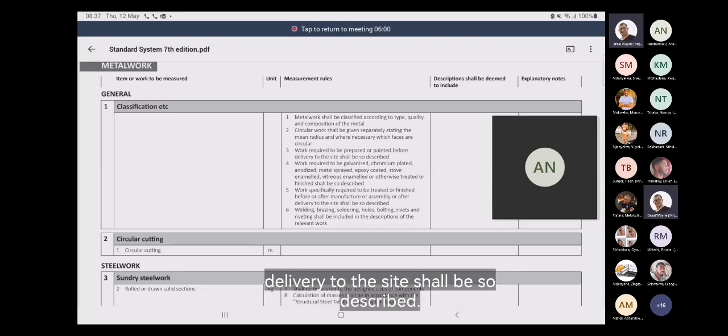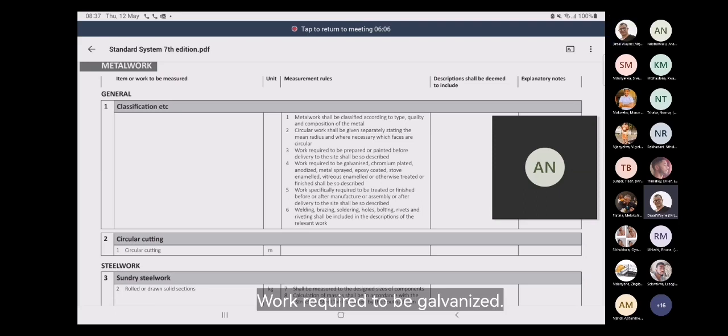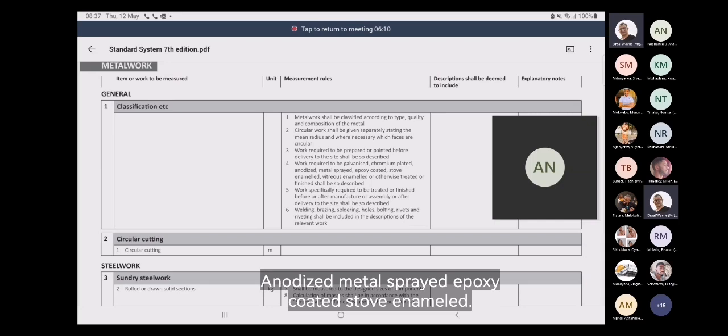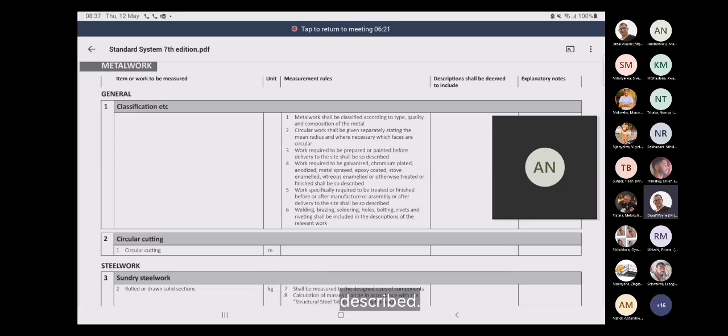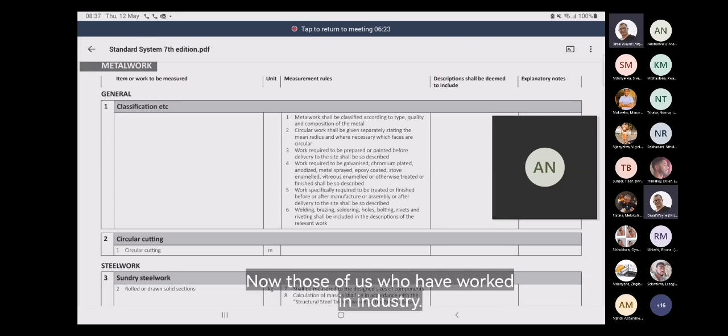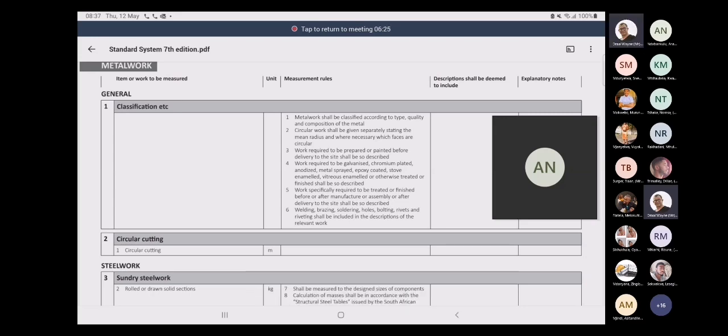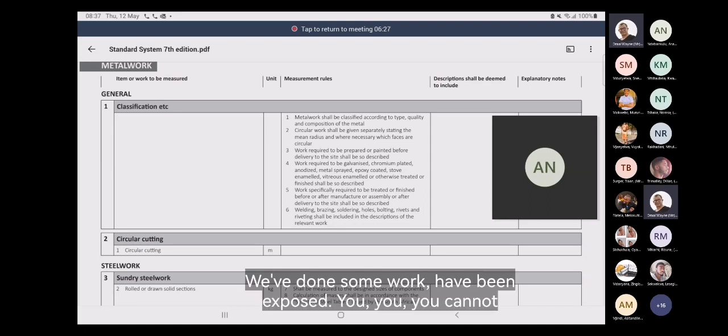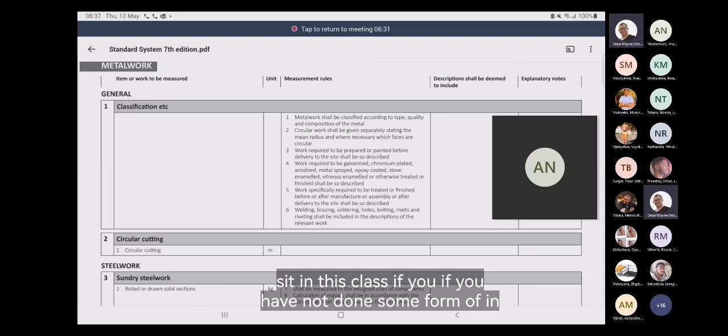Work required to be galvanized, chromium plated, anodized, metal sprayed, epoxy coated, stove enameled, vitreous enameled, or otherwise treated or finished shall be so described. Now, those of us who have worked in industry, who have done some work, have been exposed, you cannot sit in this class if you have not done some form of in-service training.